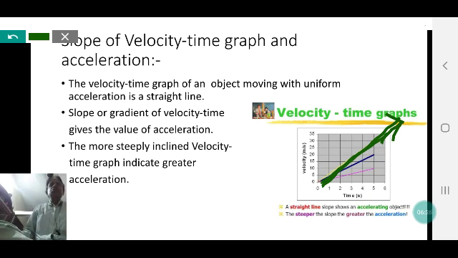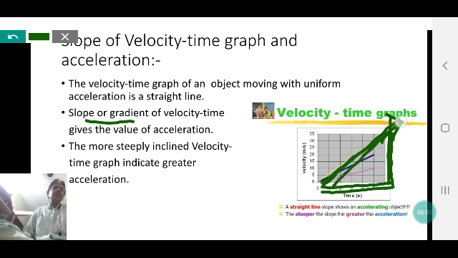Second point, the slope or gradient of the velocity time graph. The slope that we obtain from the ratio of the perpendicular and the base gives the slope of this graph, and it may also be called the gradient. The slope or gradient of the velocity time graph gives the value of acceleration.